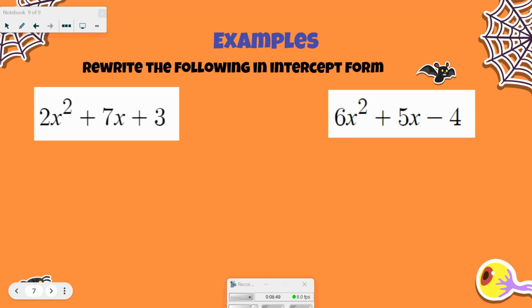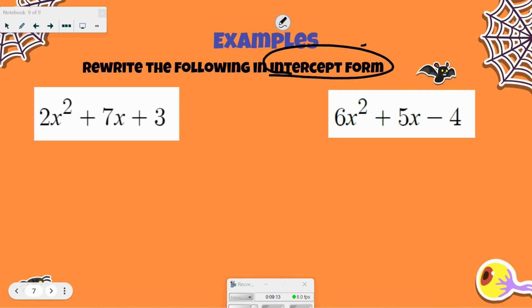So we're going to first start off by writing these in intercept form. What did we just say? How can I go from this original kind of trinomial standard form into intercept form? If I want to get into intercept form, what does that mean I'm going to have to do? Factor.